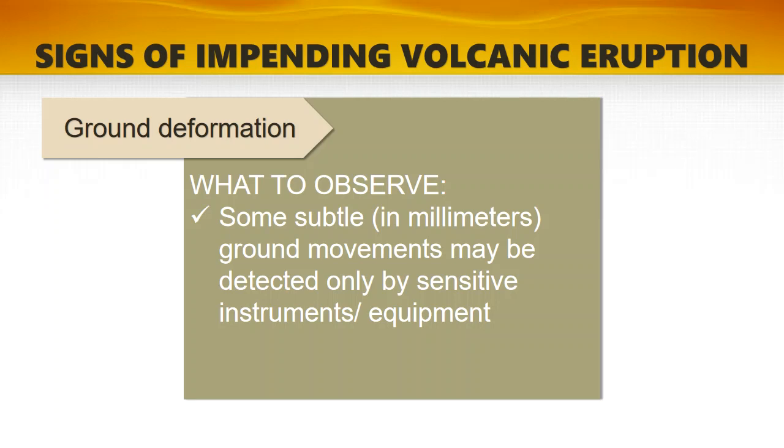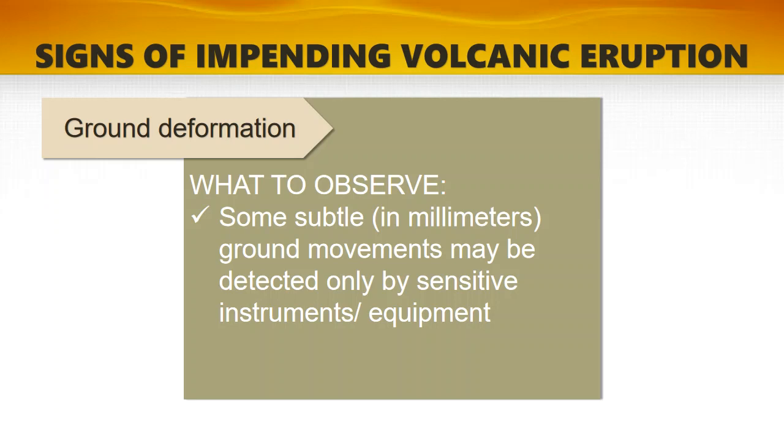So what are these instruments used in measuring ground movements? An example is the precise engineering methods of surveying using the electronic distance meter, or the EDM, to measure accurately millimeter changes on the ground if the slope of the volcano swells.